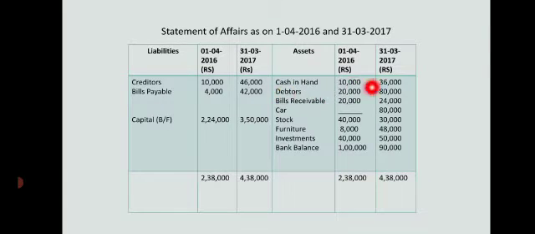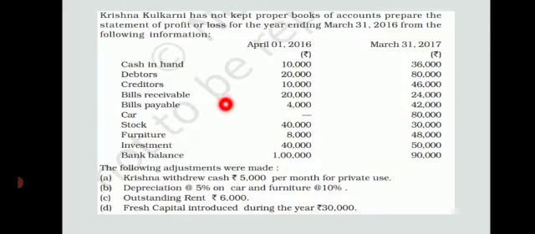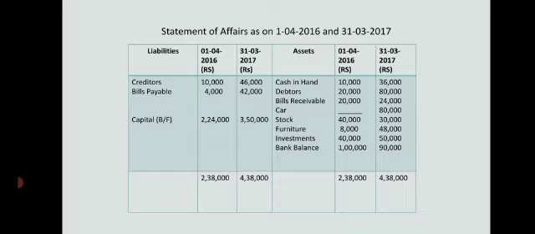The second is debtors, 20,000 and 80,000. I have not done anything else, only classified depending upon liabilities and assets. If it is a liability, I have recorded it on the liability side. If it is an asset, I have recorded it on the asset side.